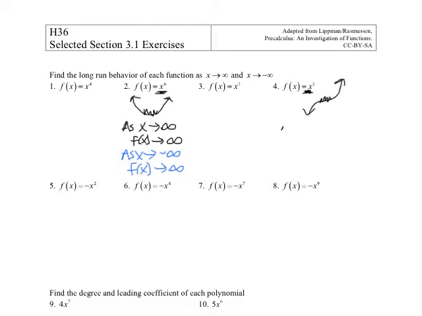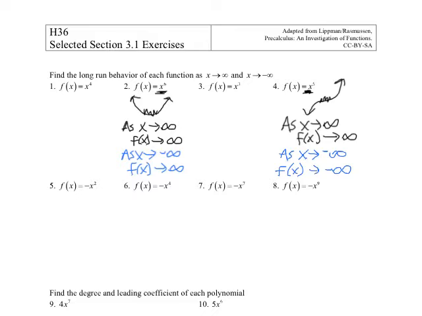So we'd say as x goes to infinity, f of x is going to go up, or also goes to infinity. And as we go to the left, our function is going down. So we write as x goes to negative infinity, f of x goes to negative infinity.